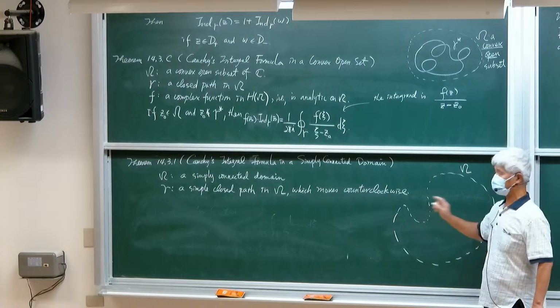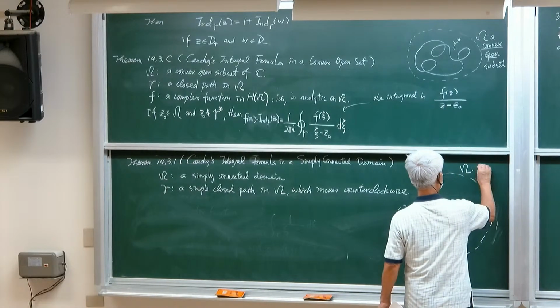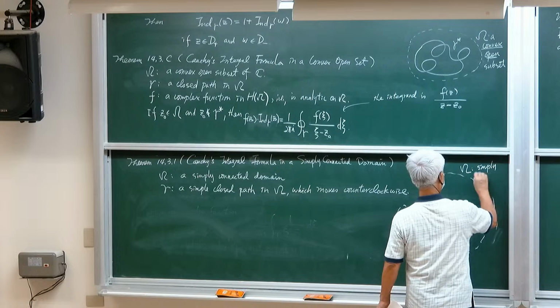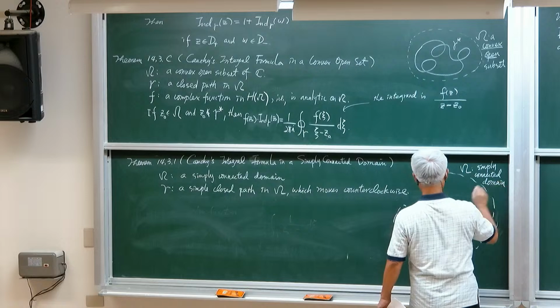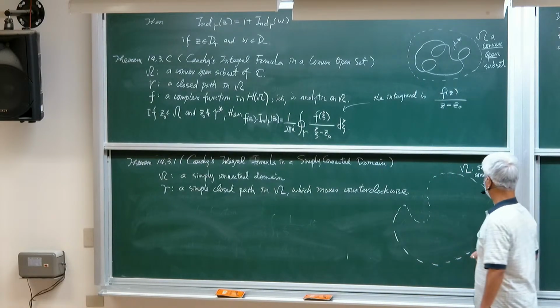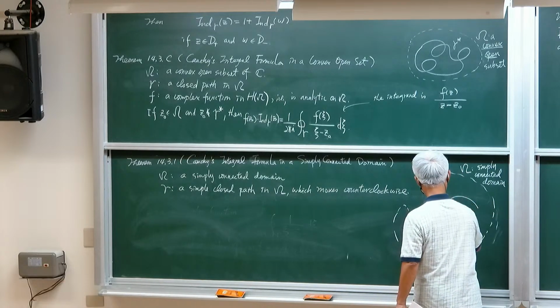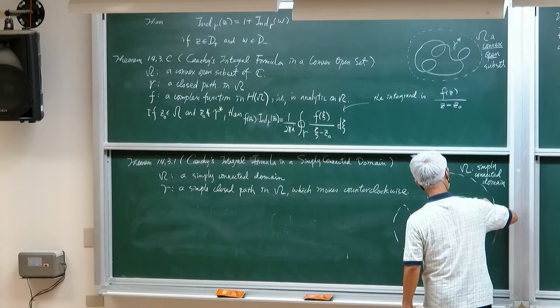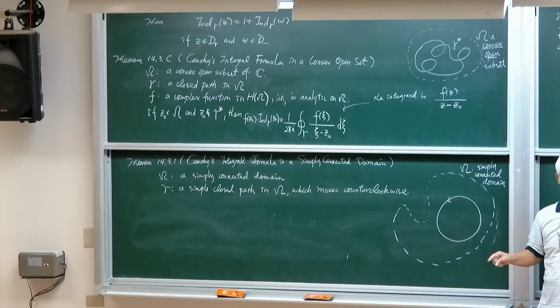This is a simply connected domain. And gamma is a simple closed path. There is no intersection with itself, right? And the orientation is counterclockwise, right?